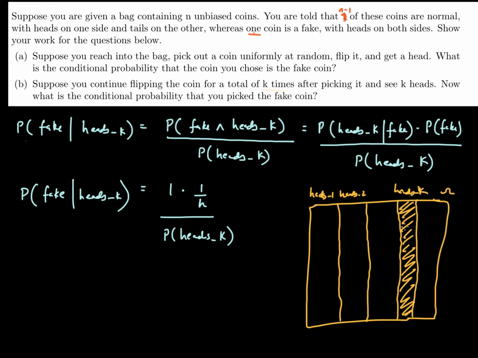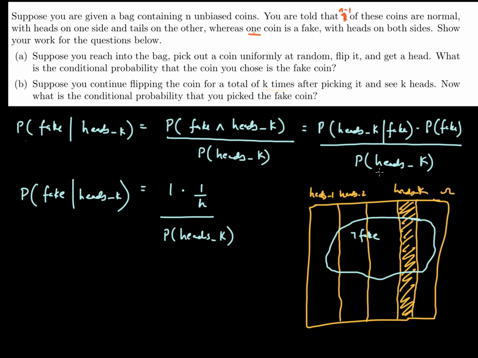Okay, now you know that some of these coins are fake and some of the coins are not fake. So I'm just going to draw some kind of a picture. Let's say this is my set over here, and everything inside here represents the event which is not fake, and everything outside the circle represents the event where the coin that you chose was fake to begin with.